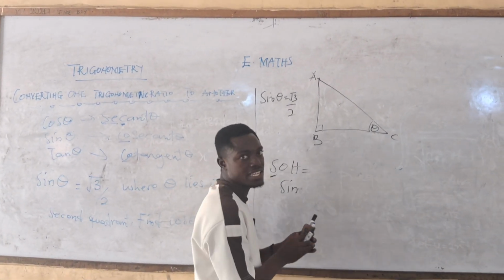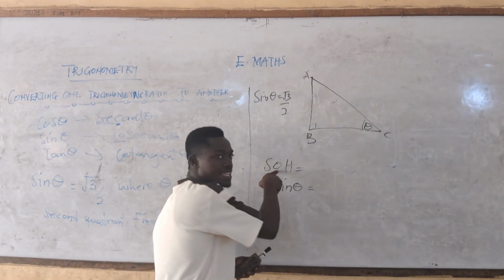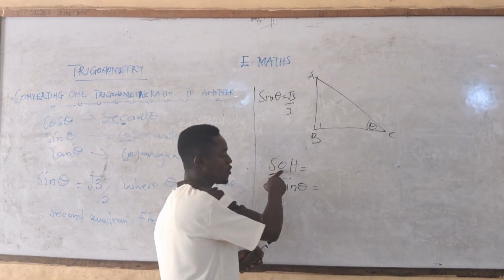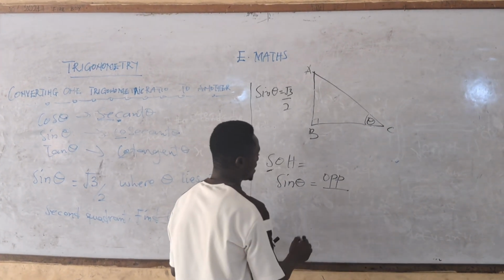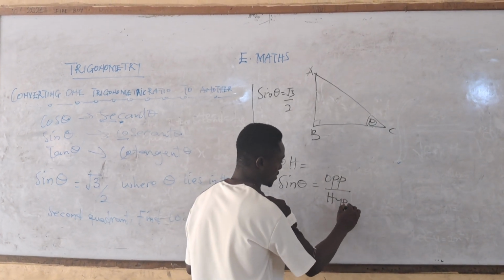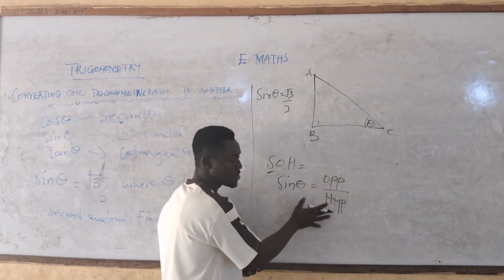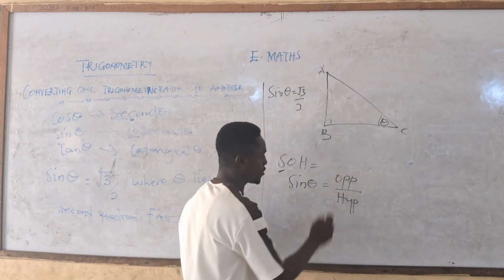Here we are given the angle to be theta. This is equal to, then the next letter is O, which stands for opposite, over hypotenuse. This is the ratio for sine.